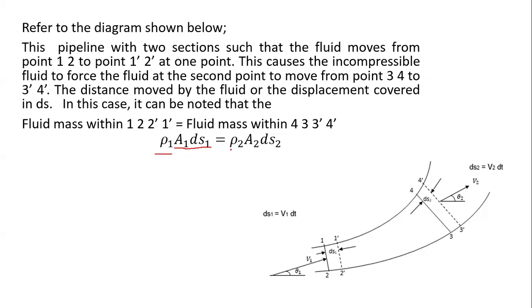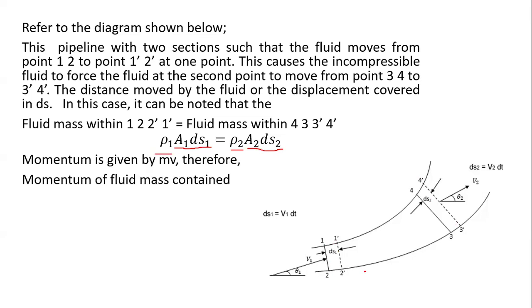For mass 2, it's the same thing, density 2 times this product of area 2 and displacement 2. This is the fluid mass for the section 3, 4, 3', 4' trapped in there. The first one for section 1 is that fluid mass, which is 1, 2, 2', 1', what is trapped between the solid line and the dotted line.